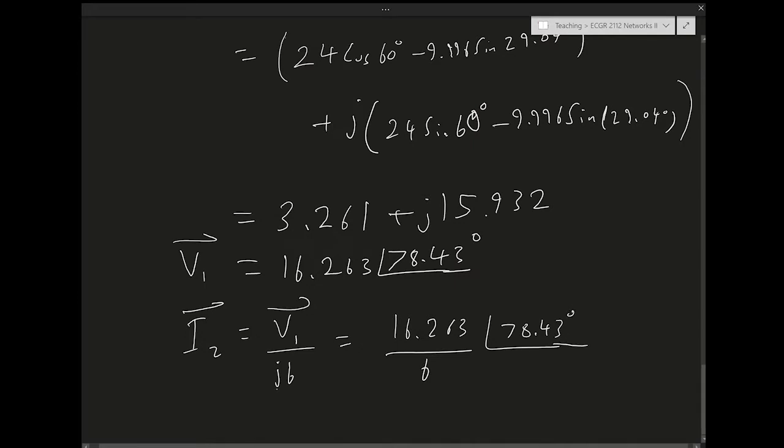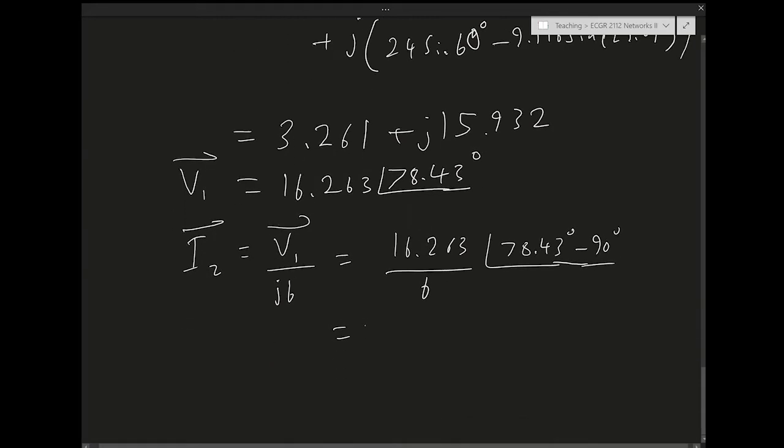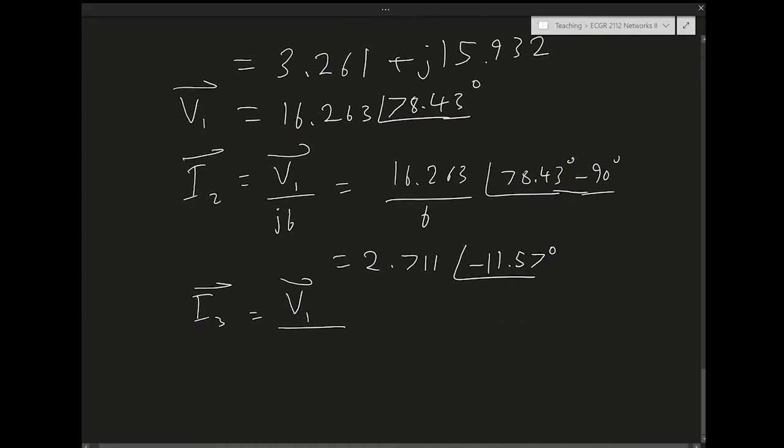J is in the denominator. J has an angle of 90. Taking the numerator, I end up with minus 90 degrees. So I end up with 2.711, minus 11.57 degrees.